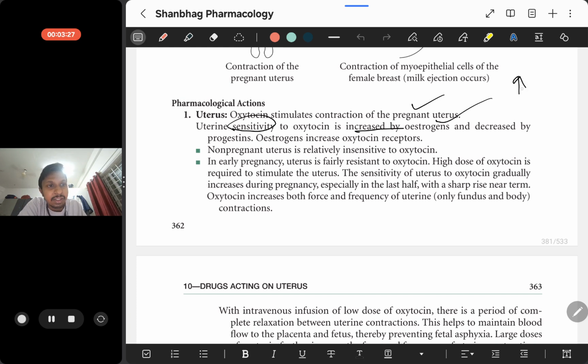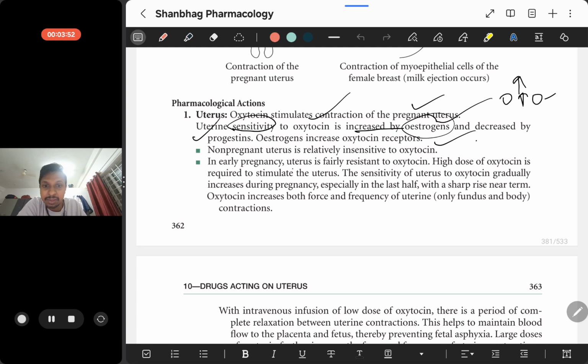When the level of estrogen increases, obviously the effect of oxytocin increases. That is, it is directly proportional. Whenever the estrogen is increased, oxytocin also increases. But the level of oxytocin is decreased by the progestins. So the non-pregnant uterus is relatively insensitive to oxytocin.